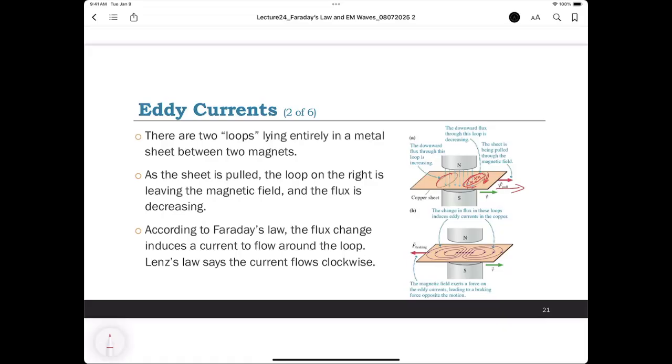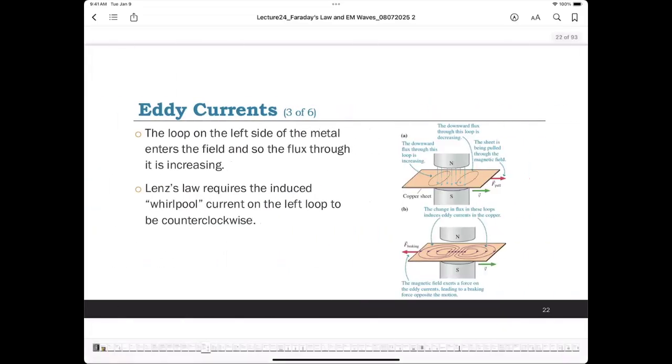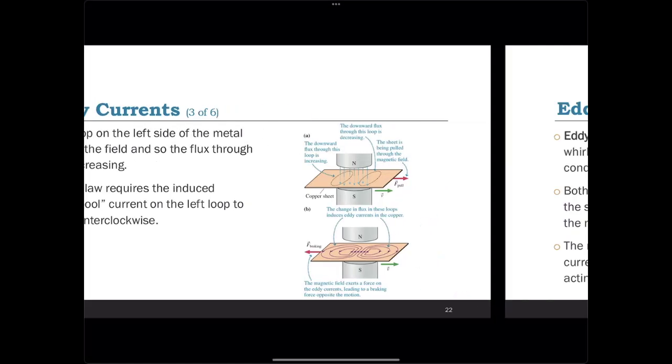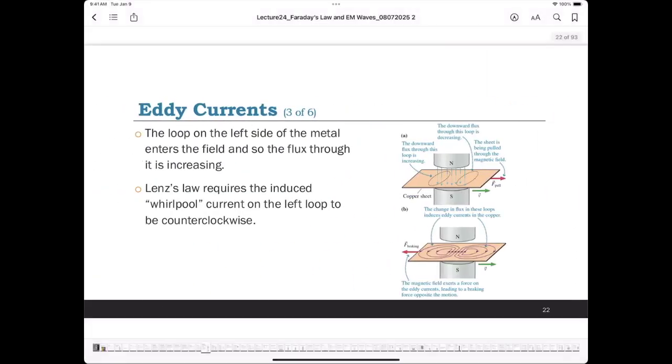And then the loop on the left side of the metal enters the field, and so the flux through it is increasing. Because at the beginning, only some part of it is in this field, but some part is not.